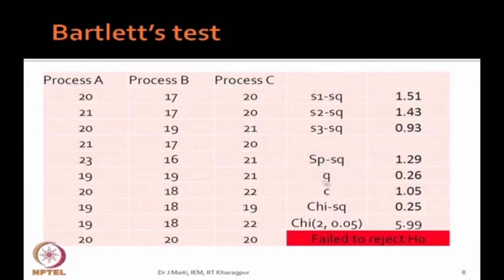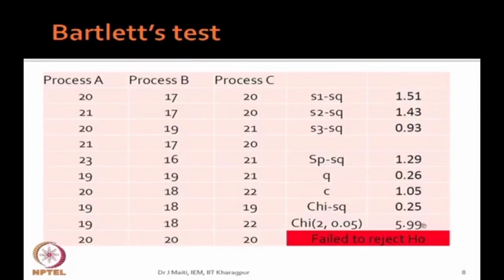Then you have computed first the pooled variance, then Q, then C, then chi square, which is 0.25. Now, we all know that chi square with 2 degrees of freedom and alpha equal to 0.05 is 5.99. We have seen this one earlier also.